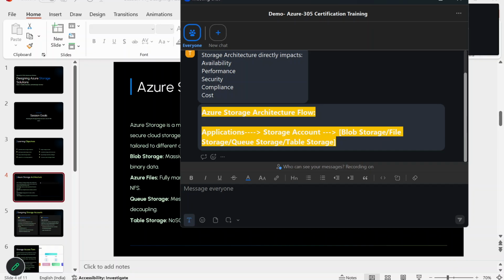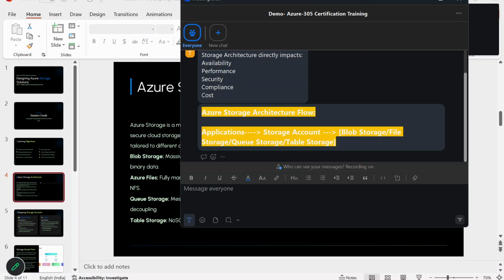The storage account is the top-level resource. So what is a storage account? A storage account is a container of Azure storage services. It provides security, replication, access control, billing, and management. Think of it as a storage boundary inside Azure. What are the core storage services? A storage account can host blob storage, which stores objects; Azure Files, managed file shares; queue storage, for messaging; and table storage, NoSQL key-value data.